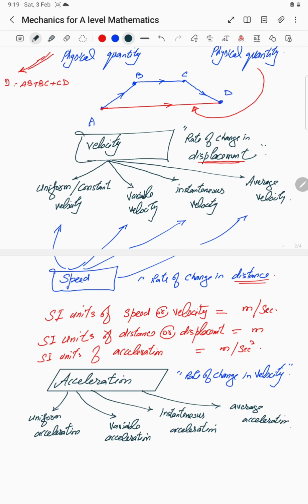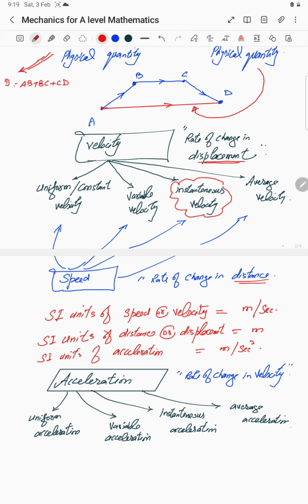Okay guys, so far the definition concept, I think you're getting it. Only one definition I would like to discuss with you: instantaneous. What does instantaneous velocity, instantaneous speed or instantaneous acceleration mean? That means at a particular instant of time, a moment of time. Here I'm going to write this definition.